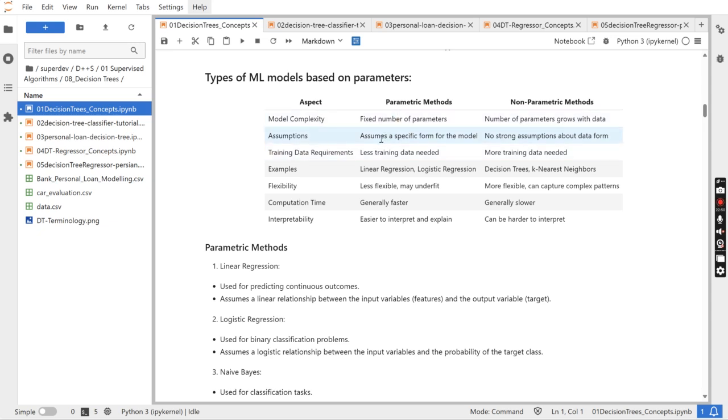An assumption in a parametric method is that you assume a specific form of a model. For example, if you take linear regression, you assume you are going to solve it using matrix multiplication. For the equation w into x equals y, you are equating, and x you are sending to the right side.